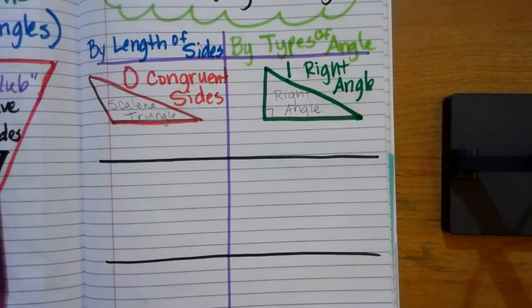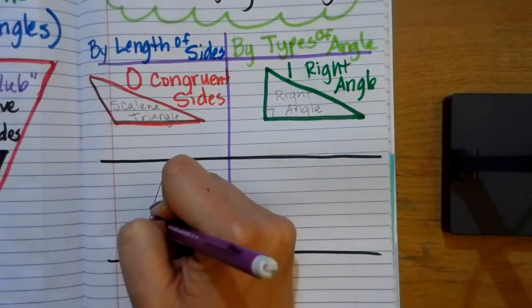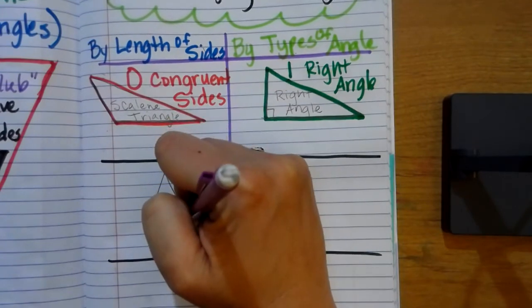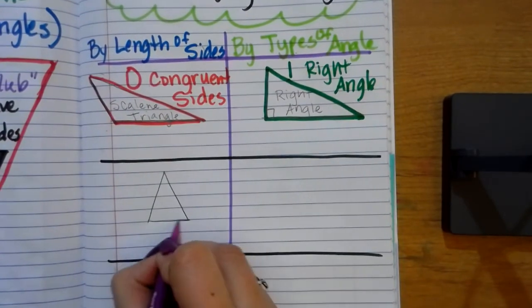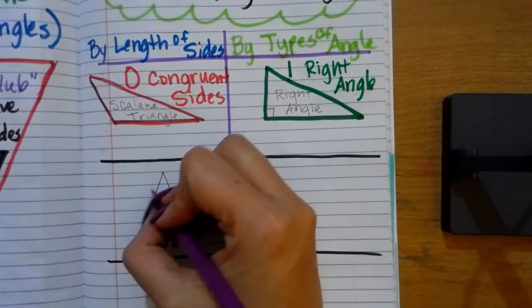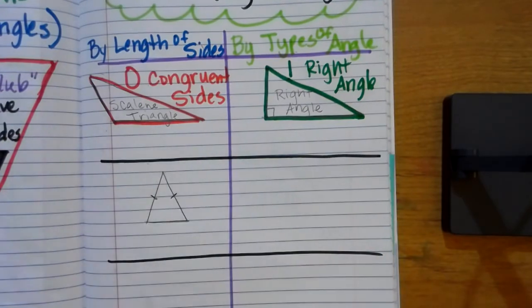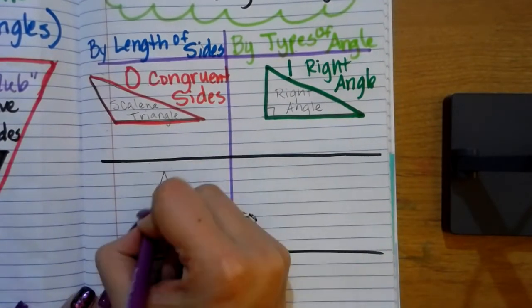What do I notice about this one? These 2 lines are the same. So I'm going to put that little hashtag mark right there. And we call this an isosceles triangle.